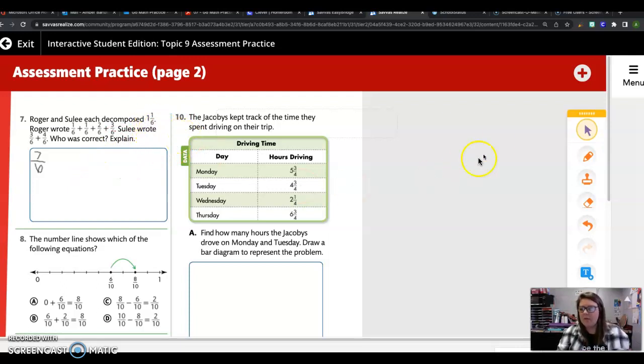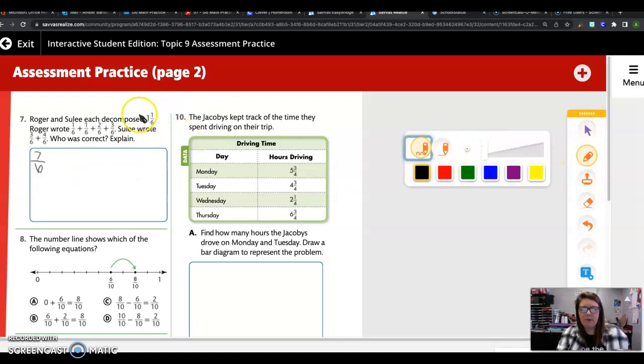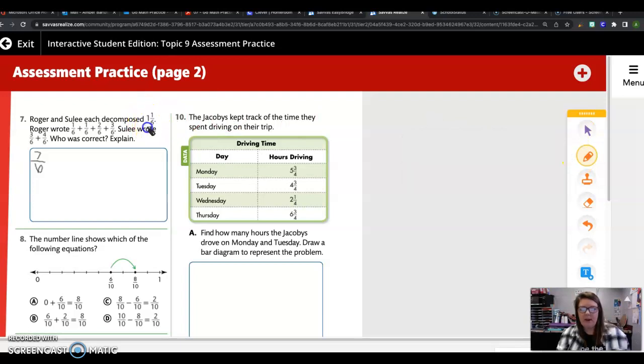Let me get my pencil back. We can do the denominator multiplied by the whole number, and then we add the numerator. So we're going to say 6 times 1, and I can put it here in parentheses. Then we're going to add 1, the numerator.